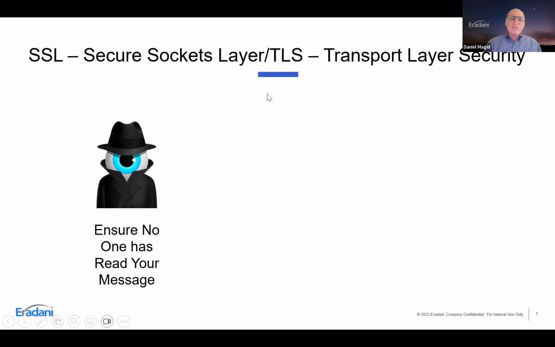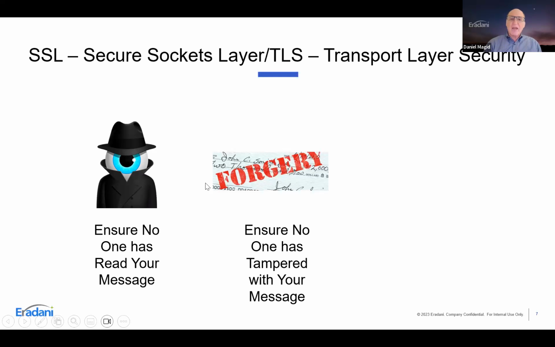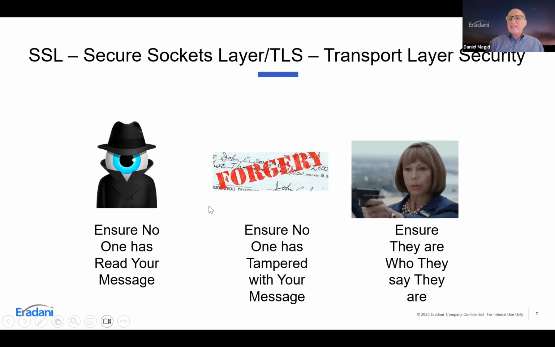The idea is that you want to make sure that no one has read your messages. As you're sending messages back and forth, you want to make sure that nobody can see them, like credentials. You want to make sure that nobody has tampered with your message, so nobody has changed the message, put malicious code into it, or done anything to tamper with it. And you want to make sure the user is who they say they are.